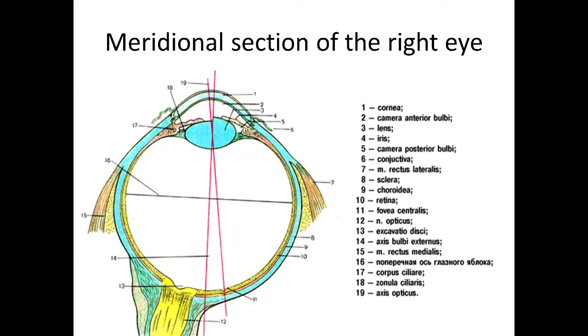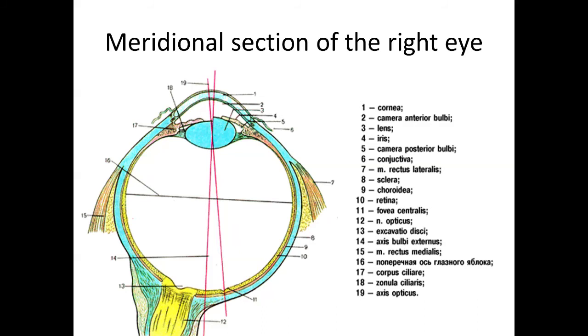So the equatorial plane divides the eyeball into an anterior portion and a posterior portion.